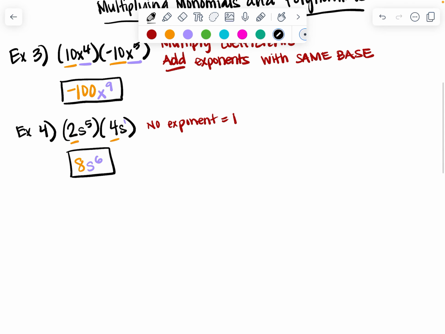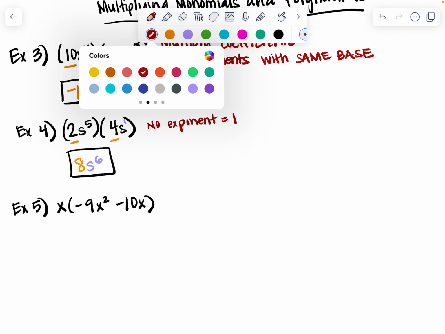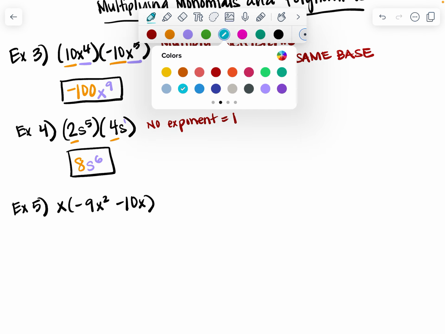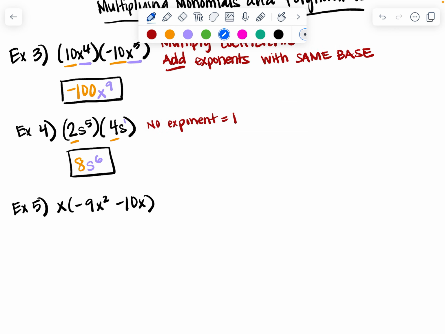Now let's multiply a monomial by a polynomial. So what we're doing now is distributing the term on the outside to each term on the inside. x times negative 9x squared becomes negative 9x to the power of 3.